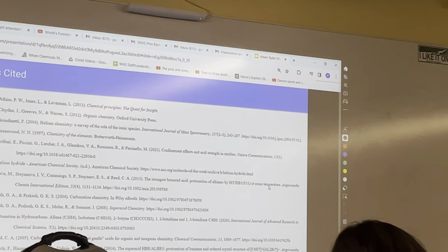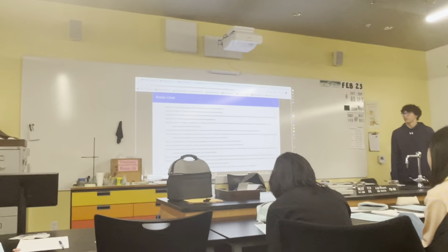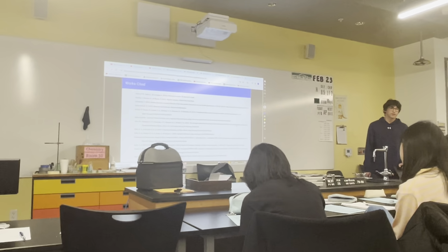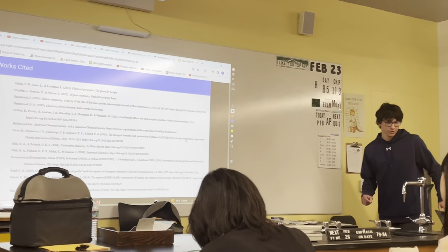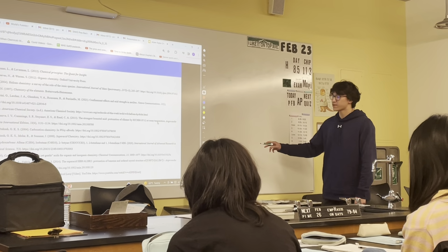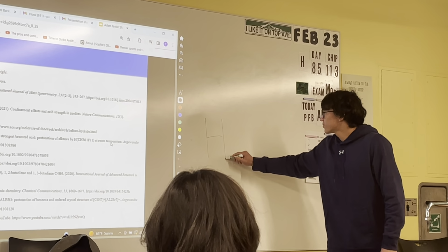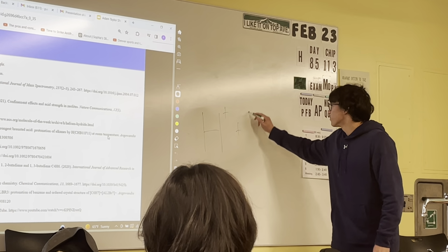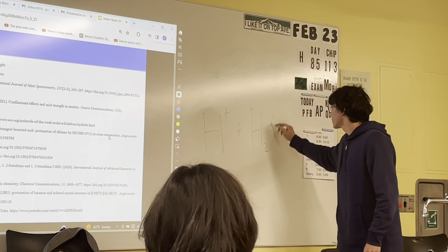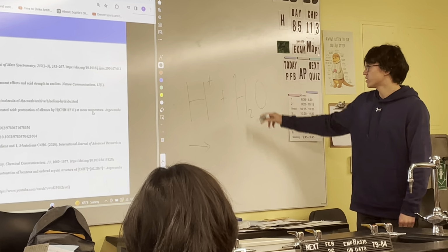Yep. So does the superacid break apart the water? What does it do to the water? Okay, I'm gonna draw this reaction. Let's say these acids yield H plus. We got H plus, and we got H2O. And basically, when this happens, this H plus gets slapped onto the H2O.